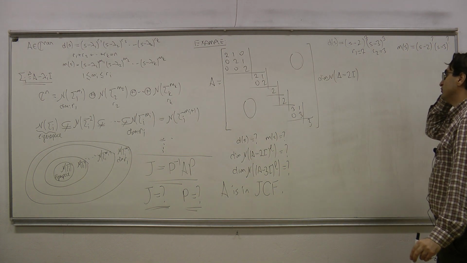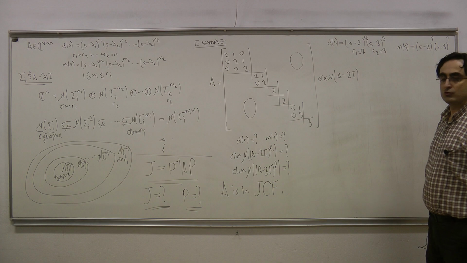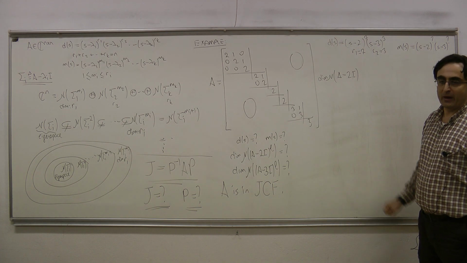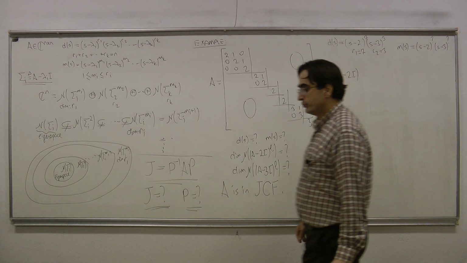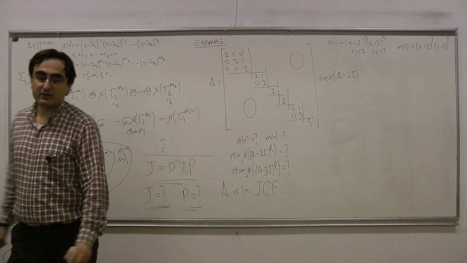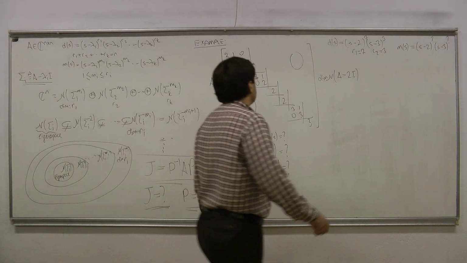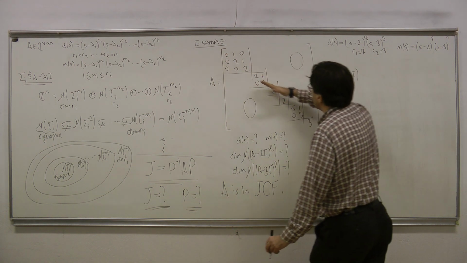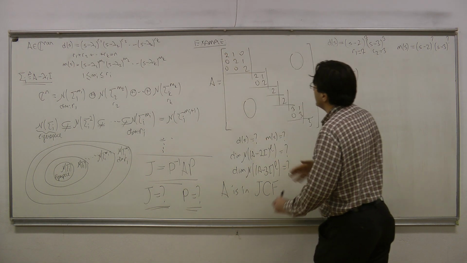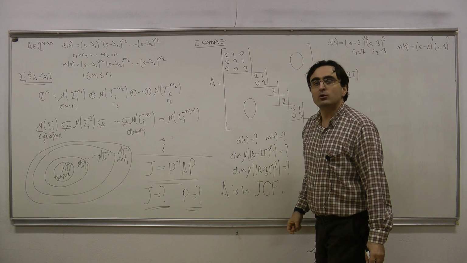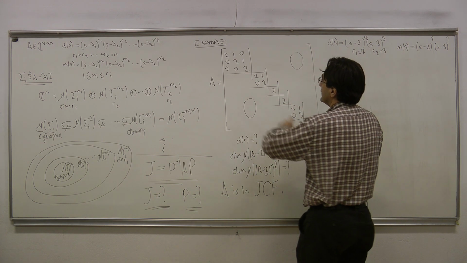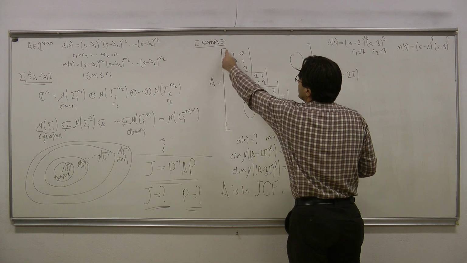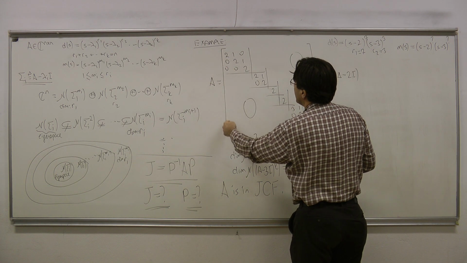What is the dimension of the null space of A minus 2 identity? This is the eigenspace for the eigenvalue 2, and I want to learn about its dimension. As soon as I subtract 2 from these elements here, you see that I would get some zero columns. There would be a zero column here, because this 2 became 0.